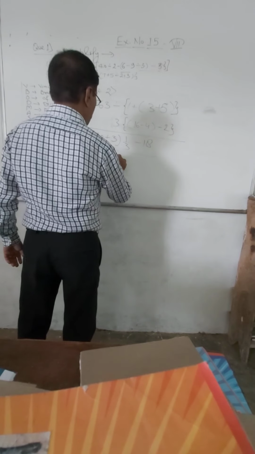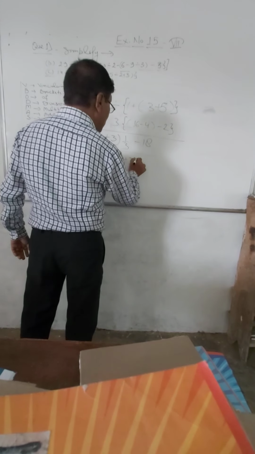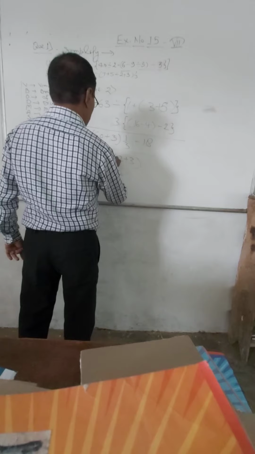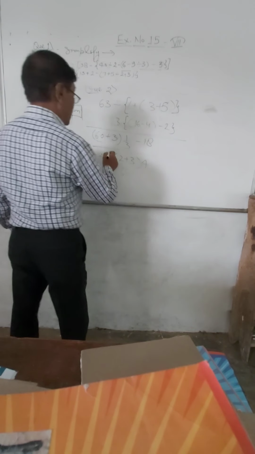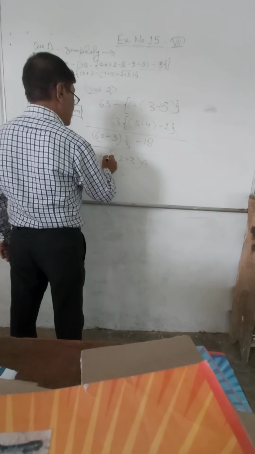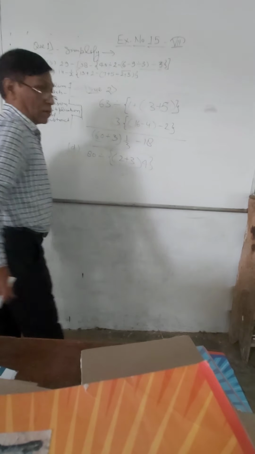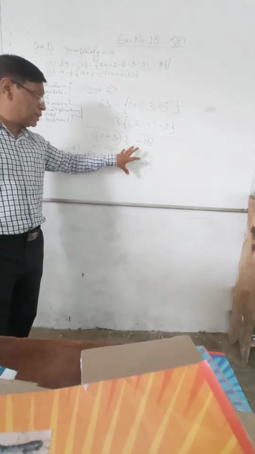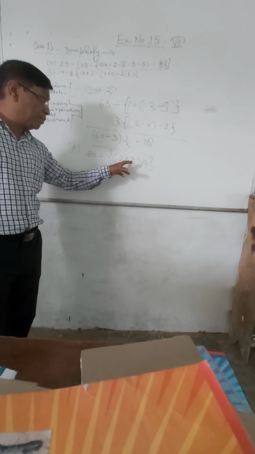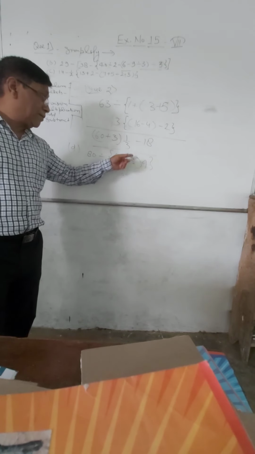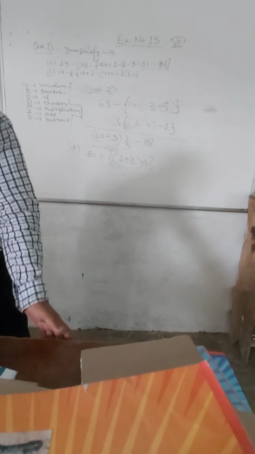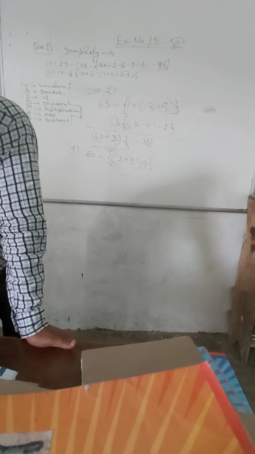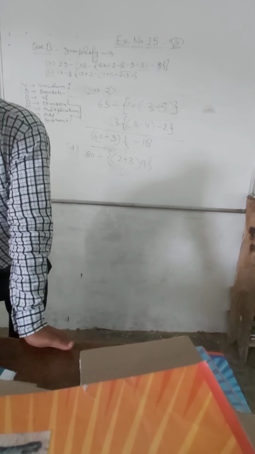The sum of 2 and 3, that is 2 plus 3, and 4 times that. So here also 4 times. Now 80 divided by this much, that is, the sum of 2 plus 3 multiplied by 4. 4 times the sum of 2 and 3. So this is also right.